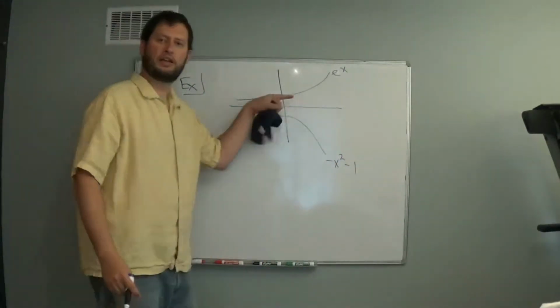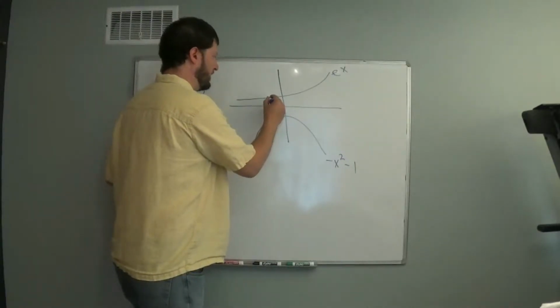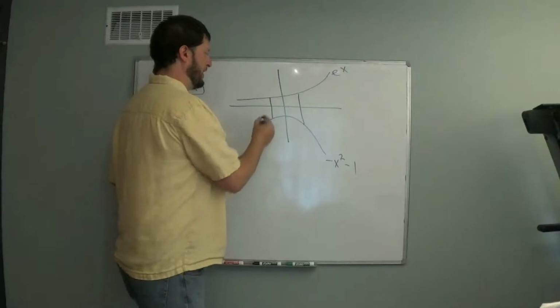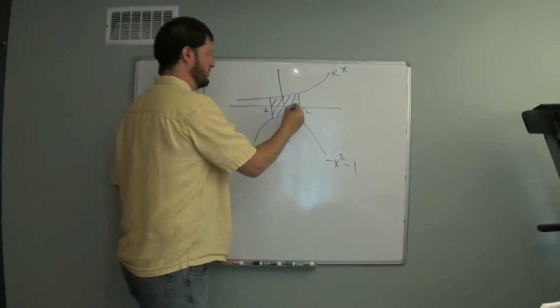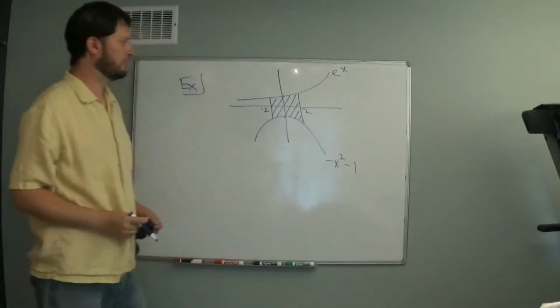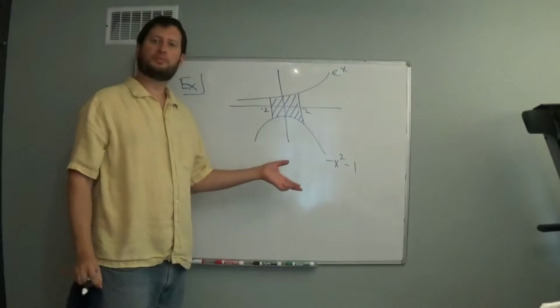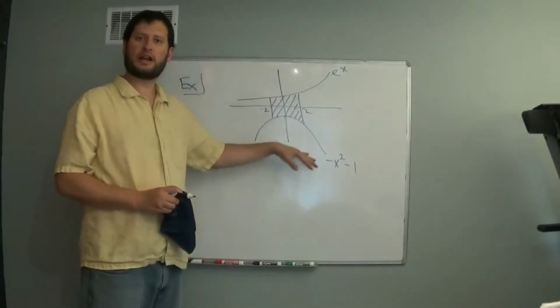So a parabola that opens down 1 unit below the x-axis. Our goal is to find this area, let's say from negative 2 to 2. So that's what we want to do. Find that area.